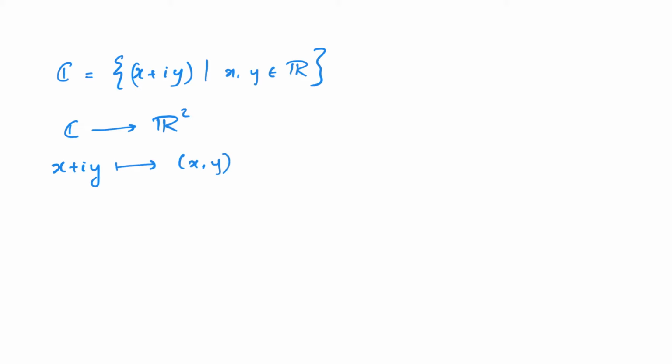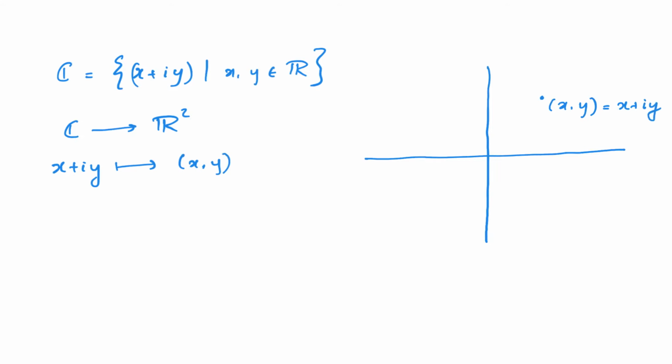And because of this map, now we can visualize the set of complex numbers as a plane, where each point x comma y is a complex number. So the point x comma y is the complex number x plus iy. And this is called the complex plane.